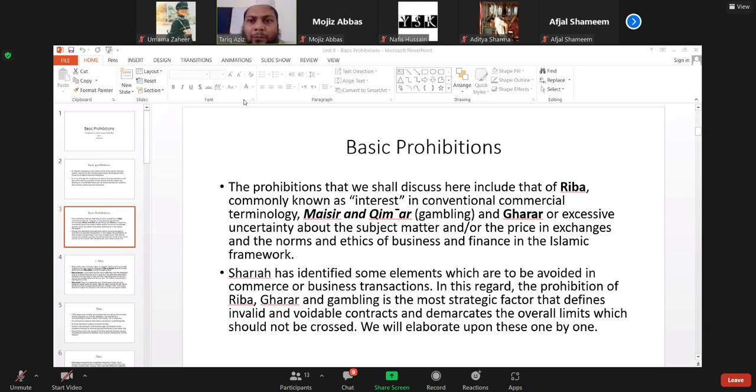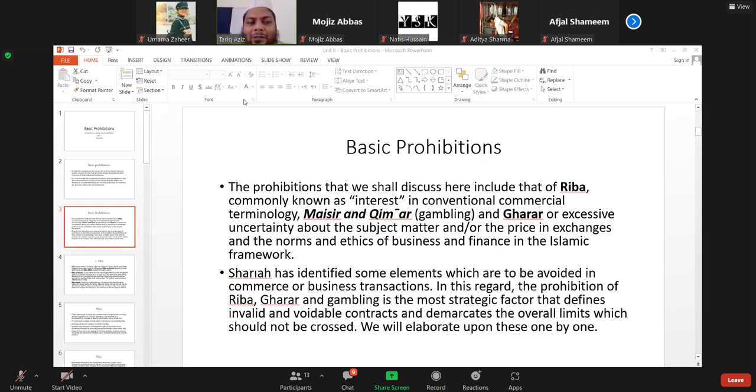So these are two things. One is the basic prohibition, that is riba, gharar, and maysir. Another is taking care of the ethics and morality that has been delineated and explained in the Quran and Hadith. Even if someone is not complying with the ethics part, but only taking care of riba, gharar, maysir, and qimar, we can call that transaction a Sharia compliant transaction, Sharia compliant deal, Sharia compliant product.